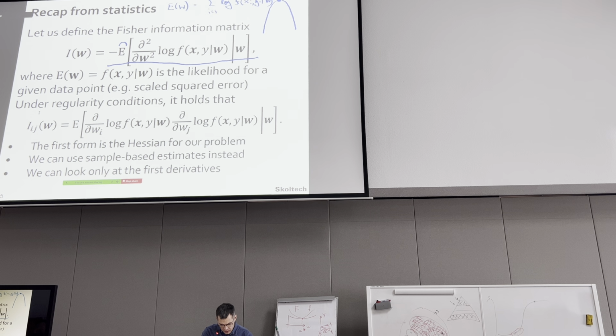For example, for linear regression, our minus likelihood has a convenient form: we just take the square difference between our prediction by a linear model, x_i transposed times w, and the target value y_i we want to predict.